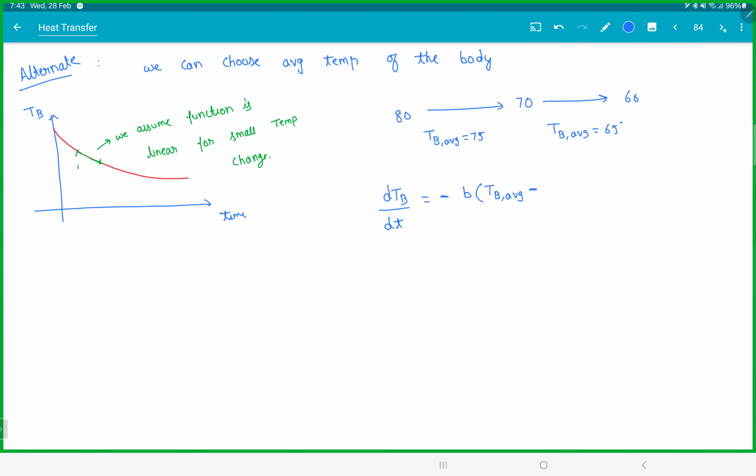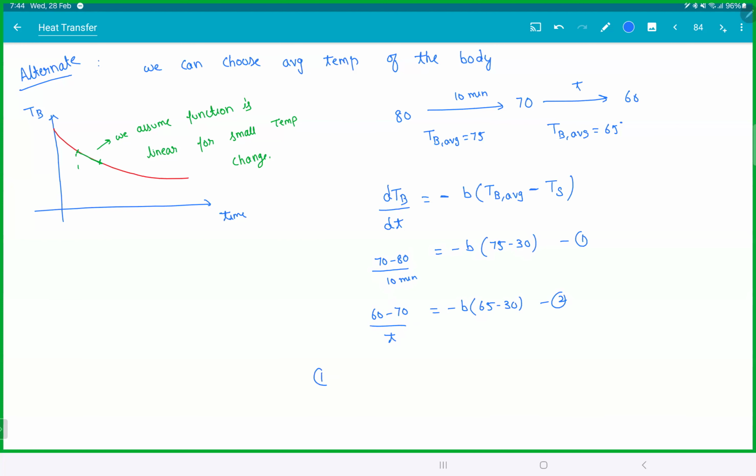So we are assuming you're losing heat at a constant rate. First case it is (70 minus 80) by time is 10 minutes, minus b, average is 75 minus 30. Second case it is (60 minus 70) by time, minus b, average is 65 minus 30.